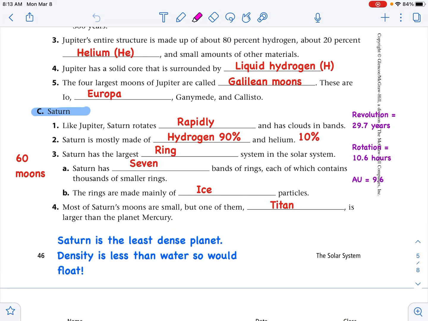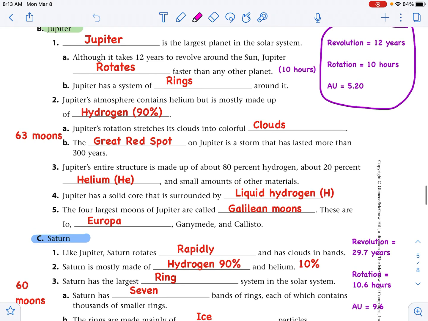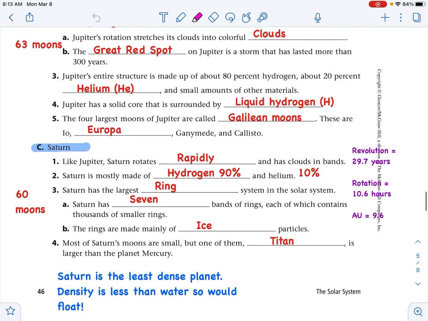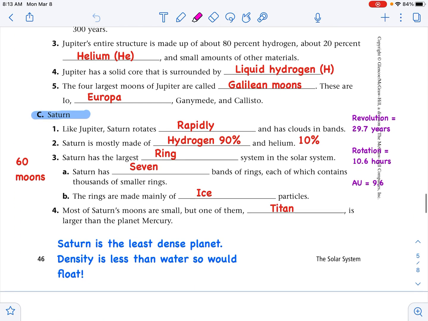We're going to write in the margin that we have 60 moons for Saturn, 63 moons for Jupiter. We're going to write that Saturn is the least dense planet. Density is less than water, so it would float. We're also going to write this information here. That's going to help us visualize how far out these planets are.